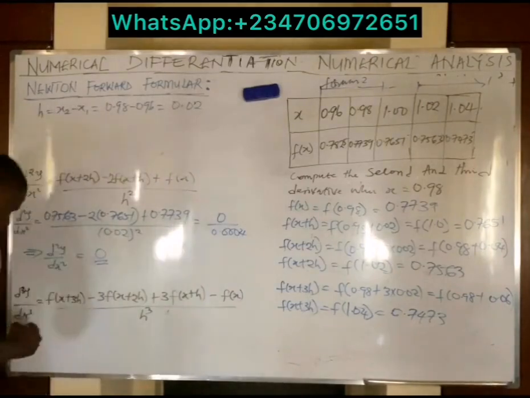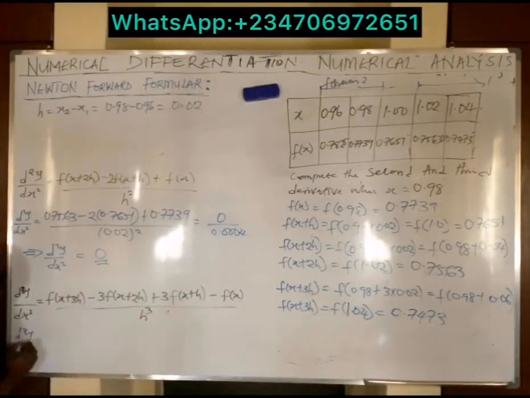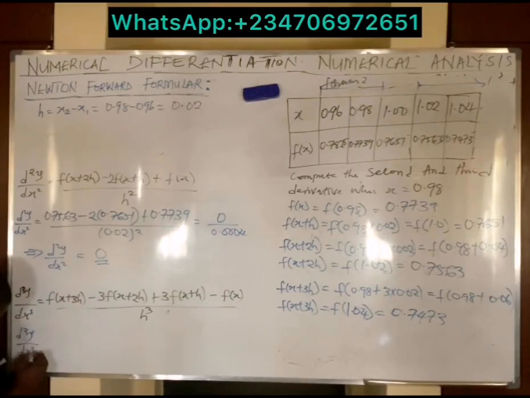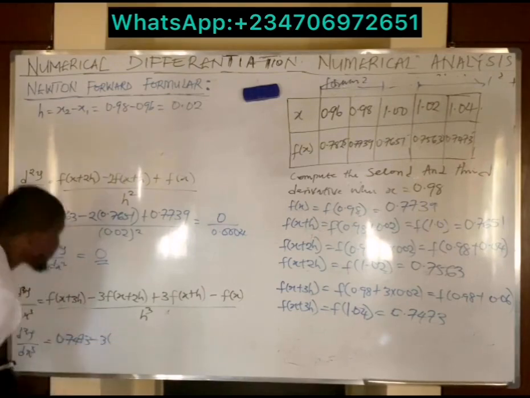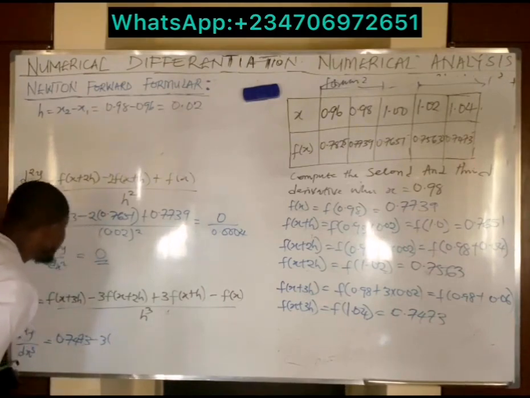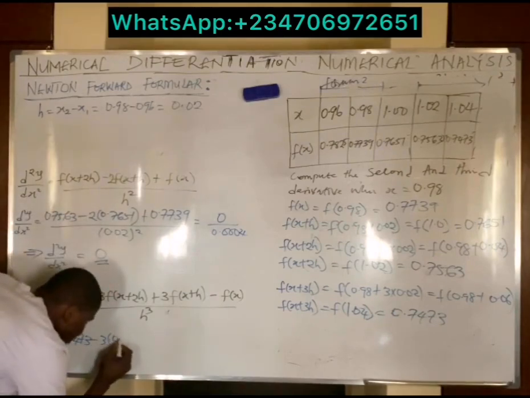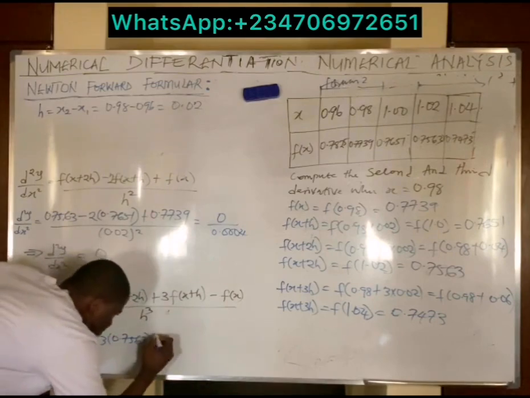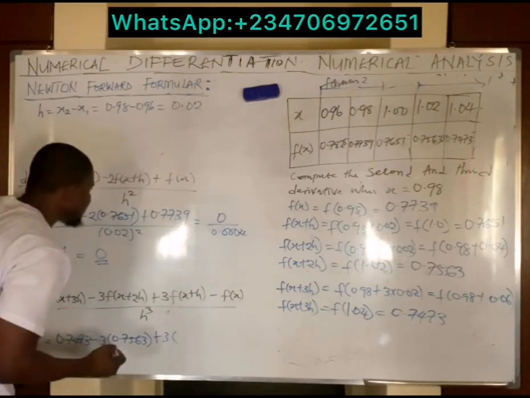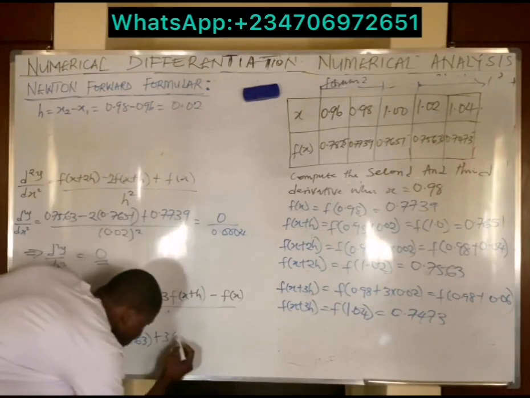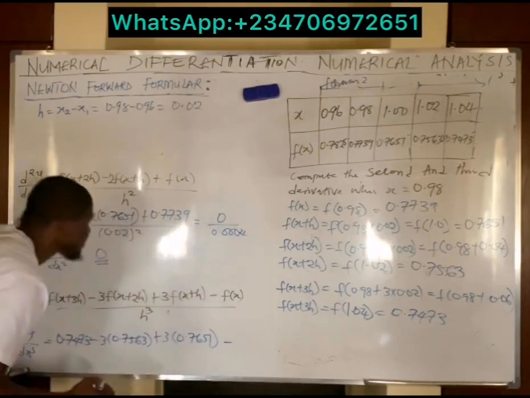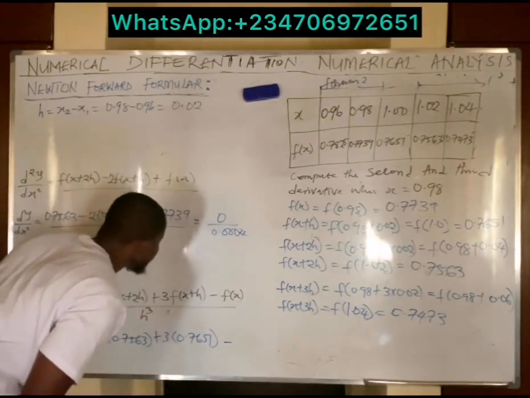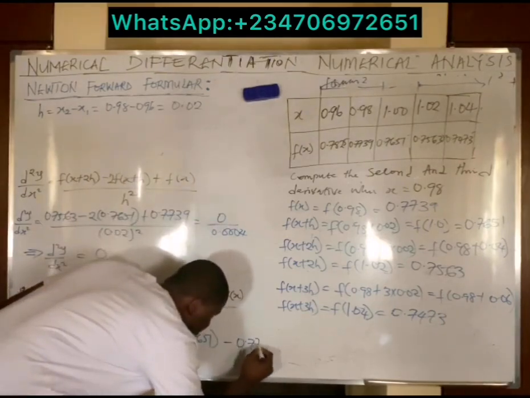So we simply plug into this formula. The third derivative, d cubed y over dx cubed, is now equal to f of x plus 3h, which is 0.7473, minus 3 times f of x plus 2h, which is 0.7563, plus 3 times f of x plus h, which simply gives us 0.7651, minus f of x itself, which gives us 0.7739.